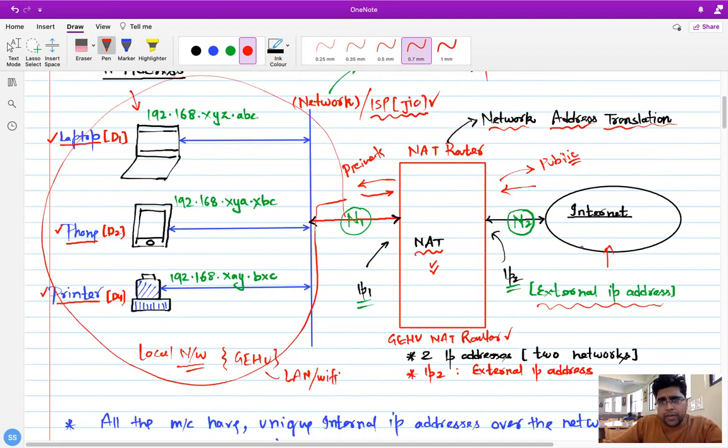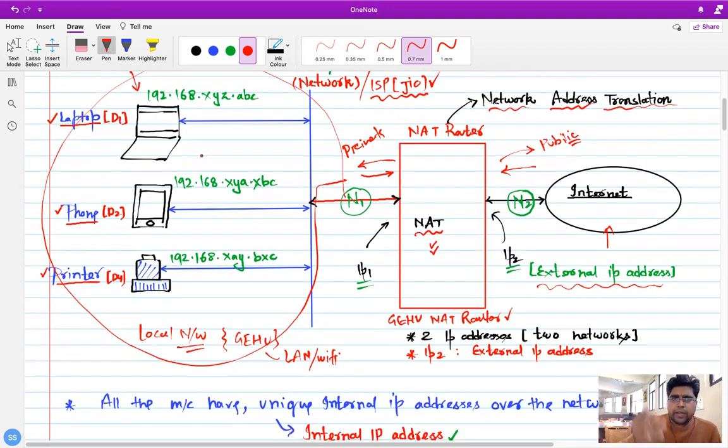But for the internet, it is not required to know all these IP addresses. So in that case, all the devices over this network, let's say all the computers, all the phones, all the printers in our university, can share a single external IP address, or the public IP address, of the internet, because we have the NAT router in our university, and this is the general scenario of the network communication.